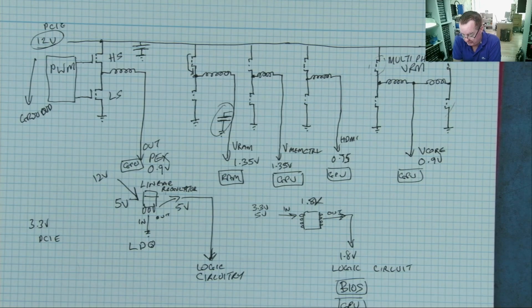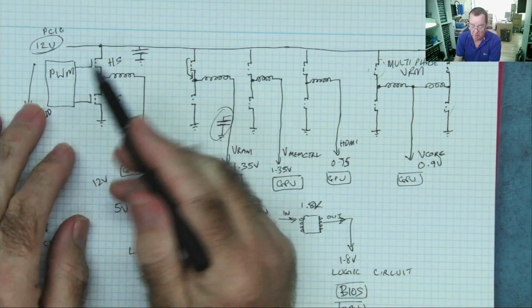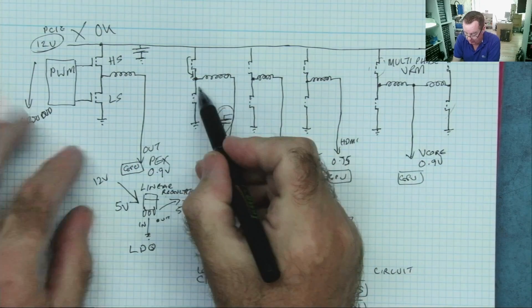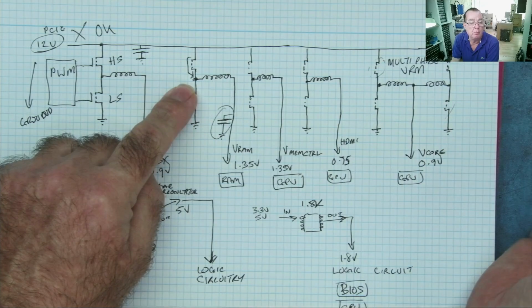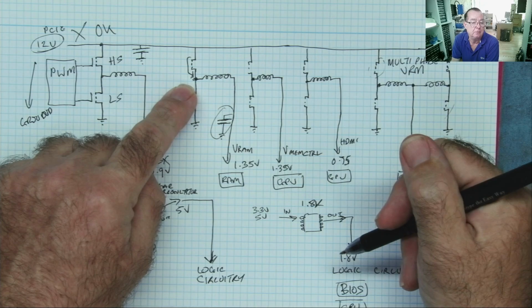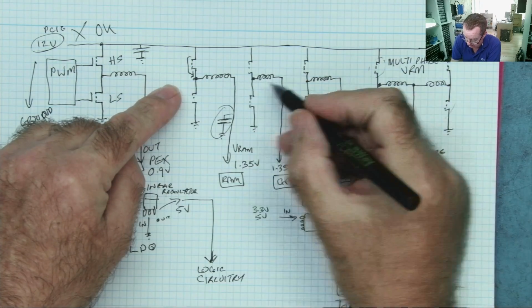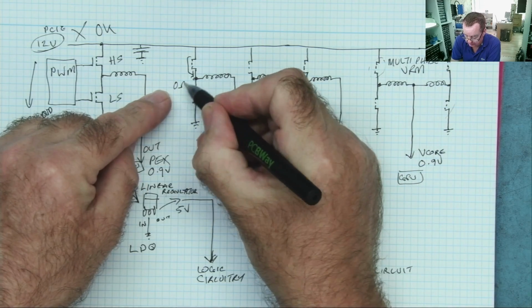Another scenario that you're going to find. The 12 volts reads fine. No short on the 12 volts. That's okay. But when we measure it from these coils to ground, on one or more of them we find a short. So for example, RAM could read short, 0 ohms.